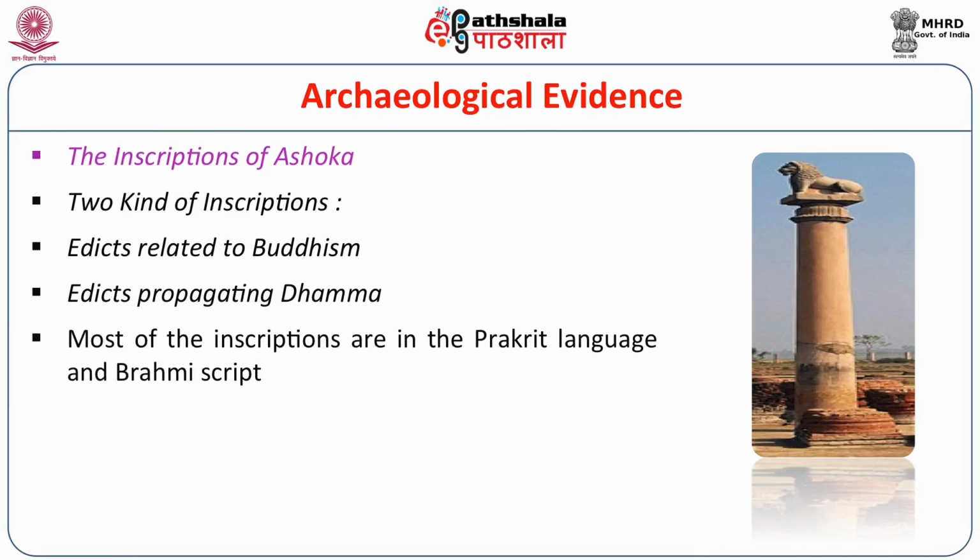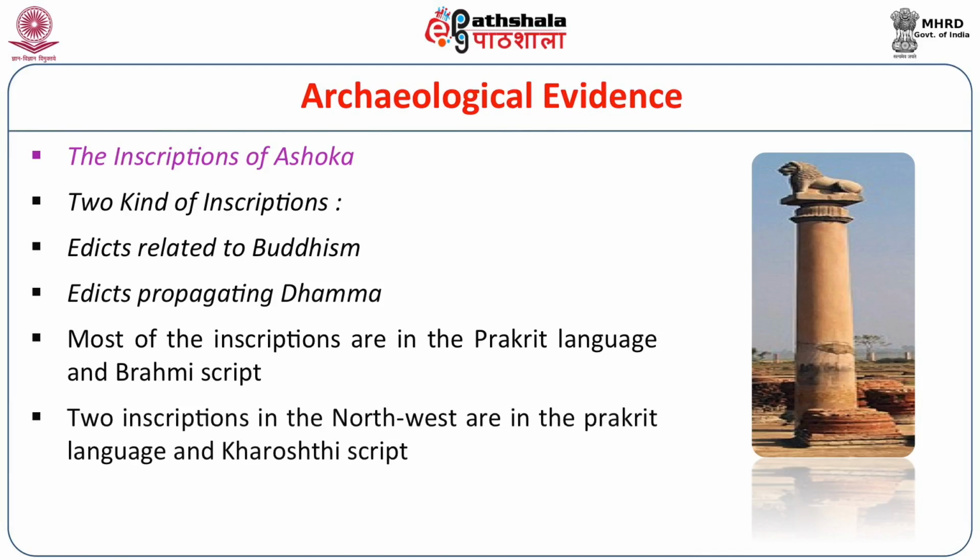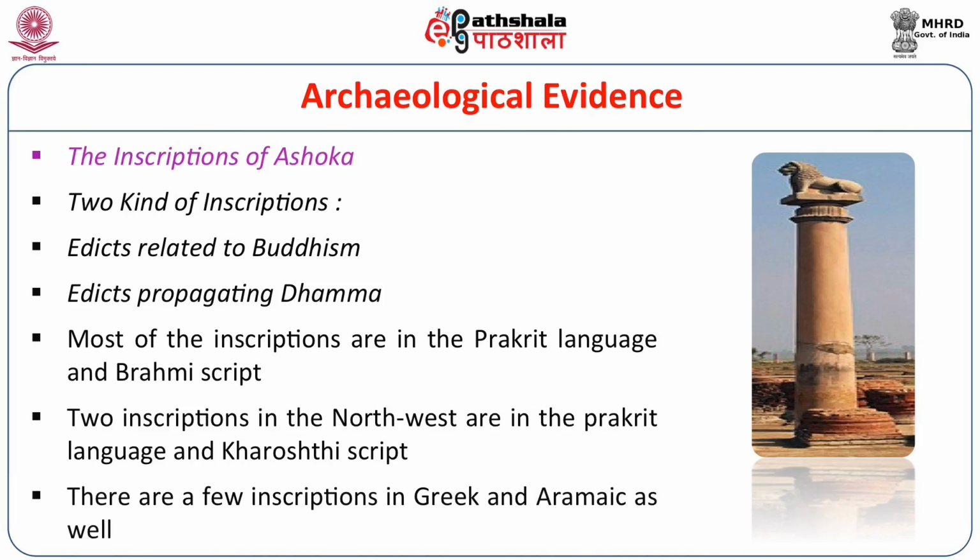Most of the inscriptions are in the Prakrit language, and the Brahmi script has been used. Only two inscriptions in the northwest are in the Prakrit language, and the Kharoshthi script has been used. There are a few inscriptions in Greek and Aramaic as well.